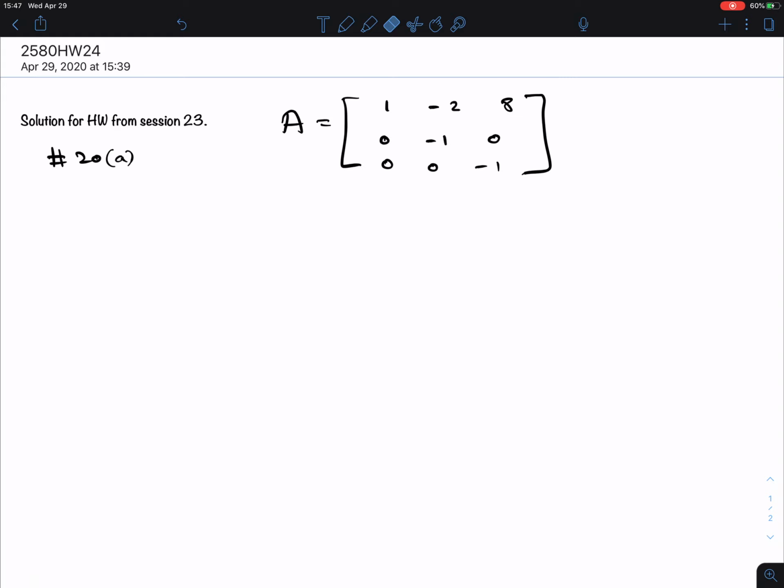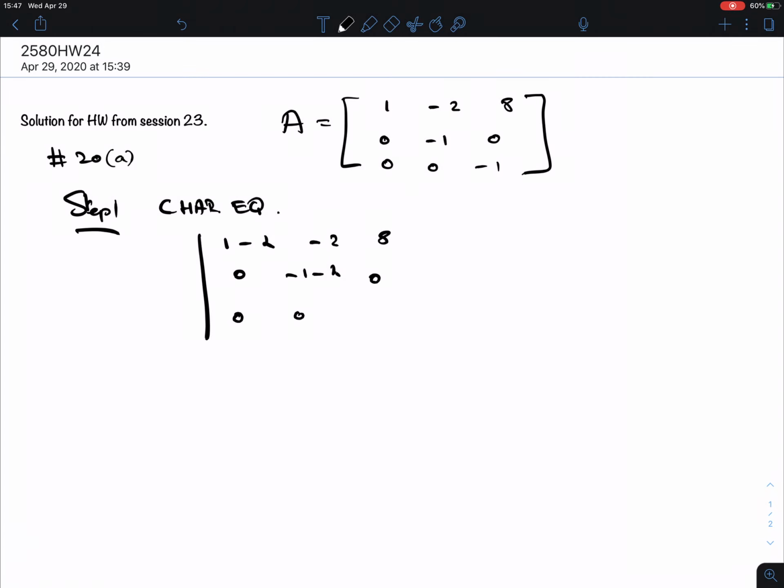So I'm going to do step one. Doing it like we did last time, I'm going to find the characteristic equation and the eigenspaces, etc. So the characteristic equation: 1 minus lambda, negative 2, 8; 0, negative 1 minus lambda, 0; 0, 0, negative 1 minus lambda.